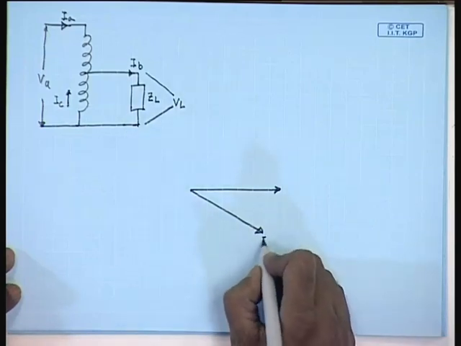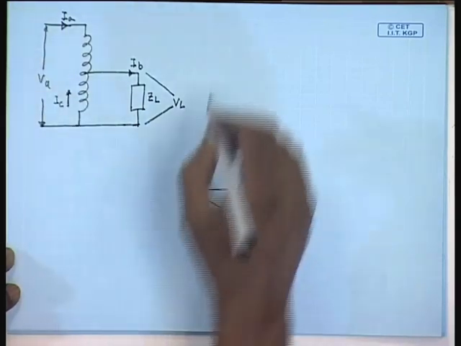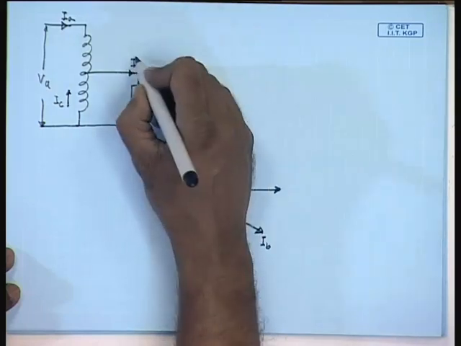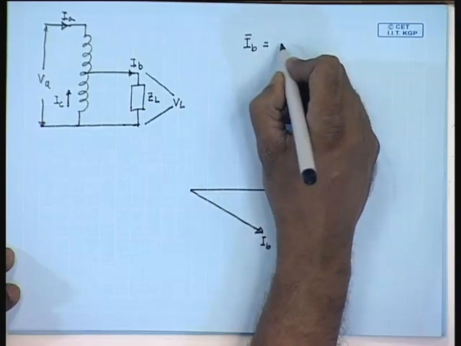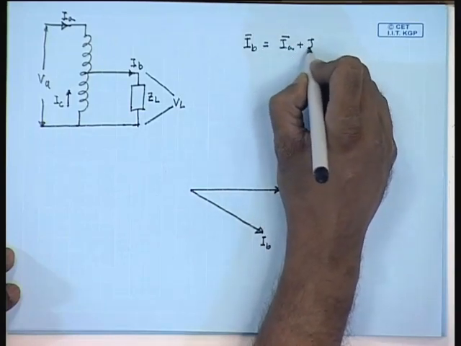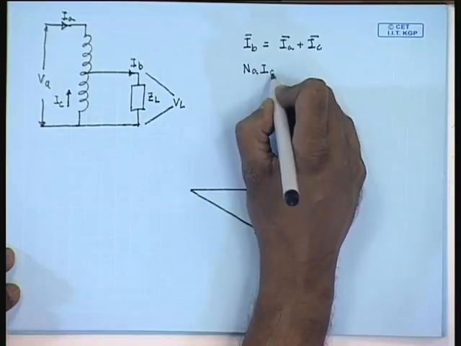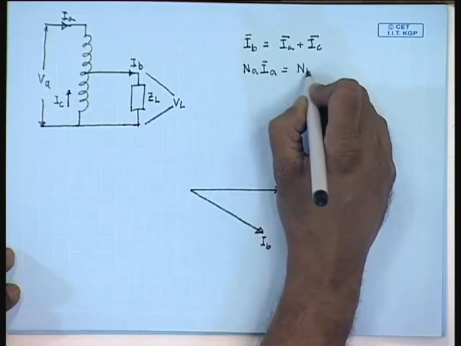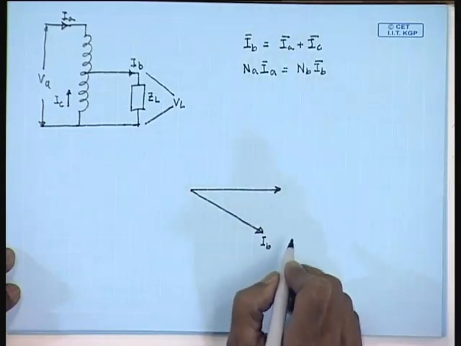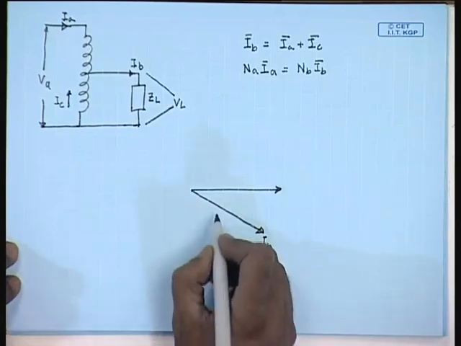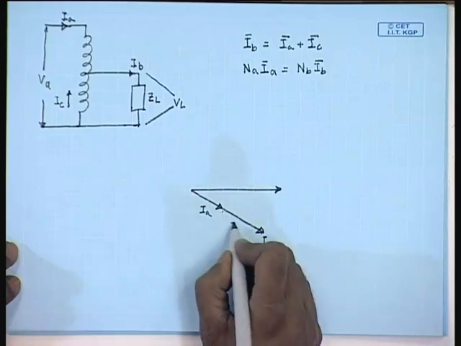The current I_A is a fraction of I_B, because for the current relations we have I_B equal to I_A plus I_C, and also N_A I_A equal to N_B I_B if we neglect the magnetization current. So, this is the current I_A and the rest is the current I_C.